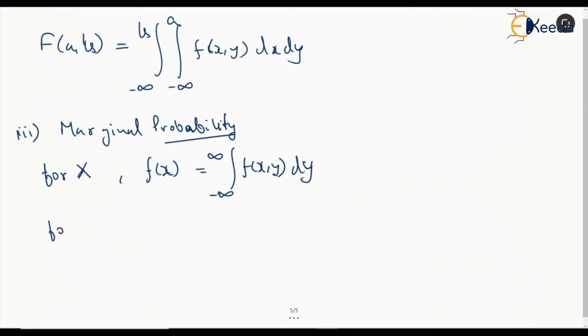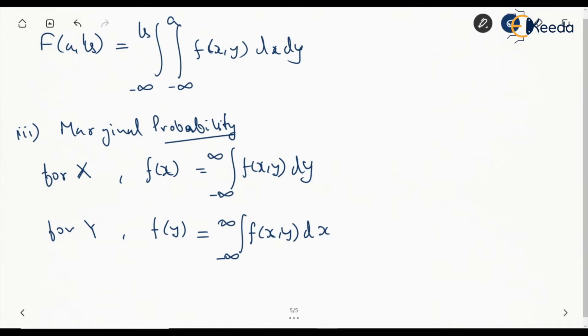And for y, the marginal probability f of y will be the integration of f of x, y in terms of x over the interval minus infinity to infinity. So this is the marginal probability.